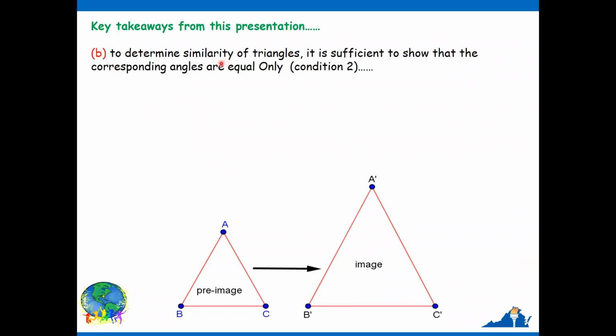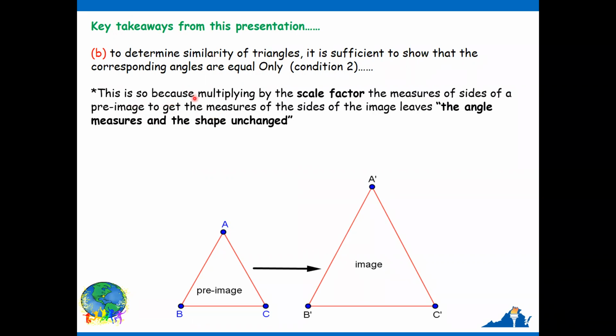Let us go to another important thing. To determine similarity of triangles, it is sufficient to show that the corresponding angles are equal only. That is condition number 2. You don't worry about condition number 1, whether the sides are in the same ratio.